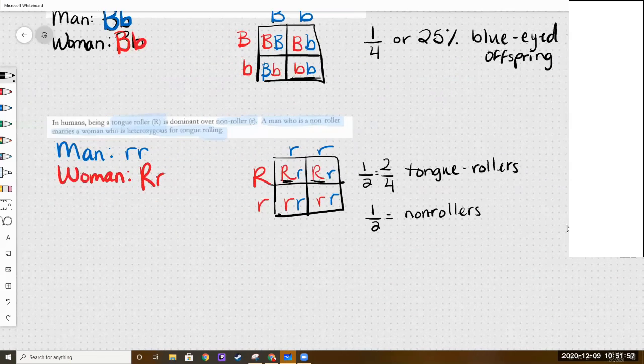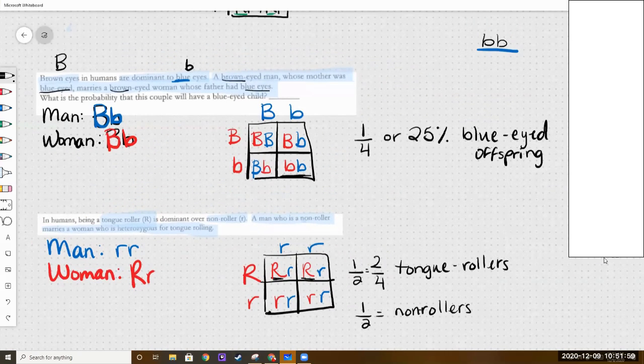Does anyone else have any other questions about this? Do you guys kind of see the pattern? Remember, you really have to pay attention to what they're telling you to get the genotypes. So now, what would happen if we combined 2 traits at the same time?